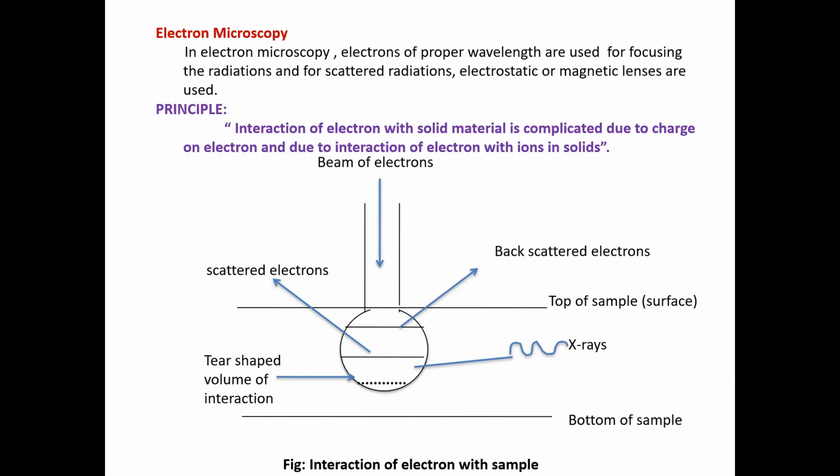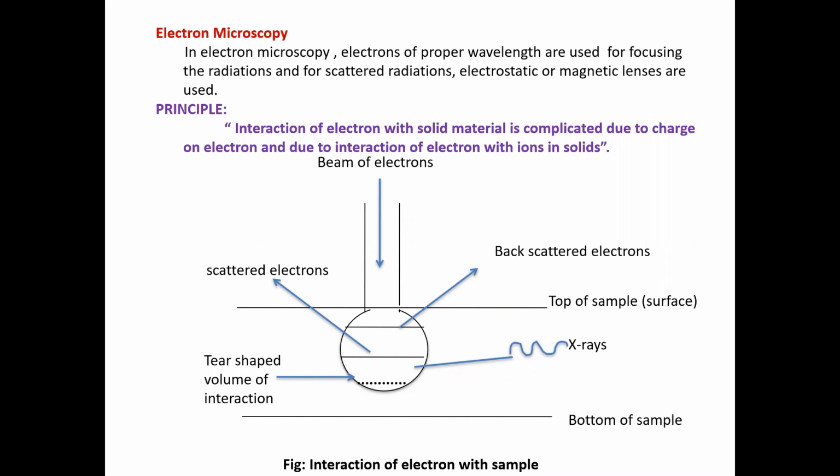So friends, what does electron microscopy mean? We should know what is meant by microscopy. There are two kinds of microscopy: one is optical, and the second is electron microscopy. Electron microscopy is very similar to optical microscopy, with only some basic differences between the two.